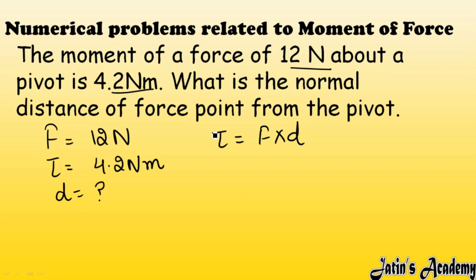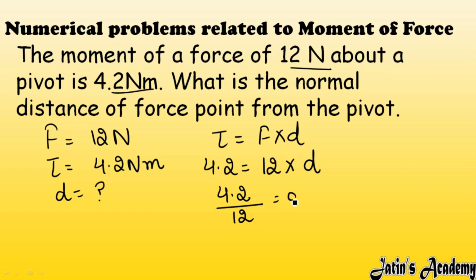So here torque is given, 4.2, equal to force, which is 12, but distance we have to calculate. You can see 12 is in multiply, so on that side it will go in divide. So 4.2 divide 12 is equal to D. When you solve this, you will get 0.35 meter as the distance.